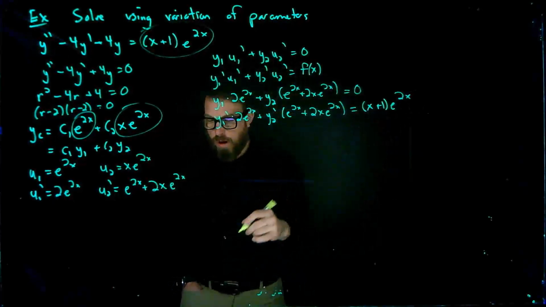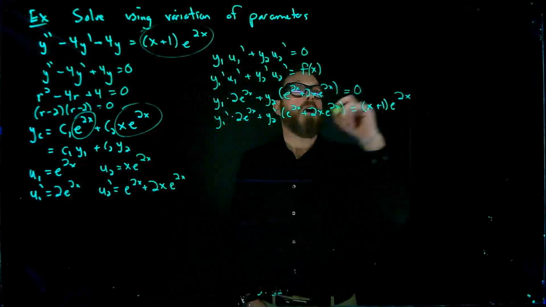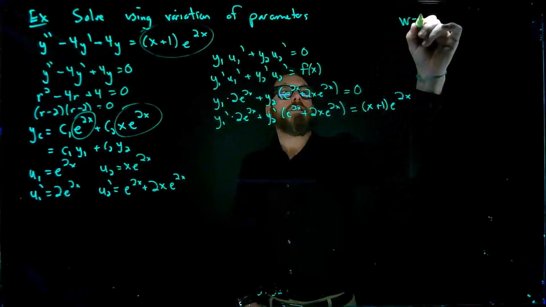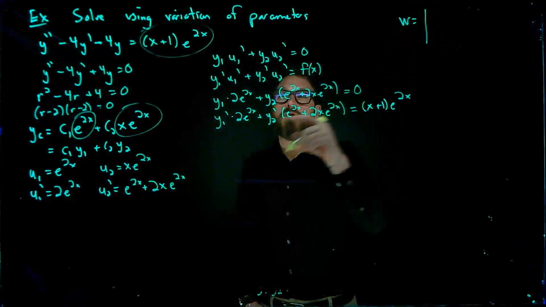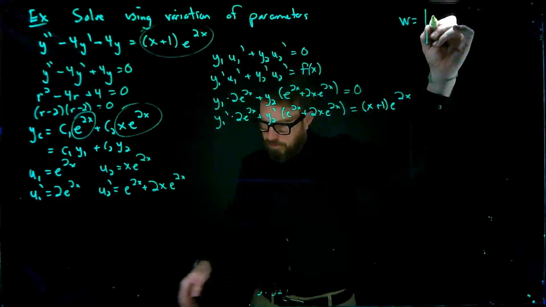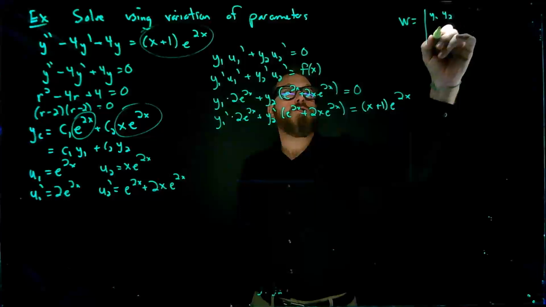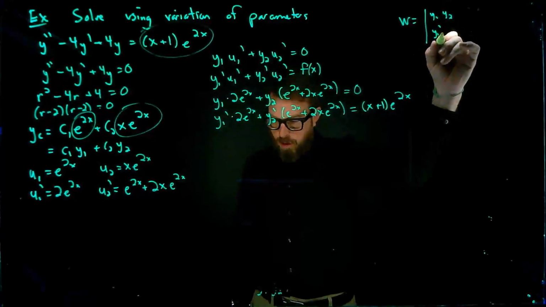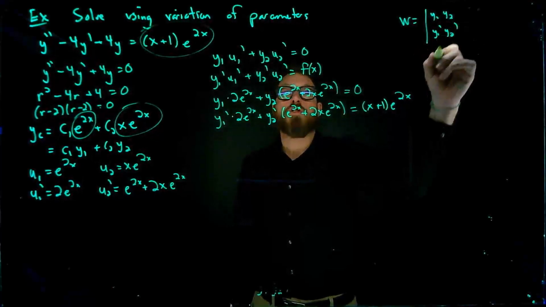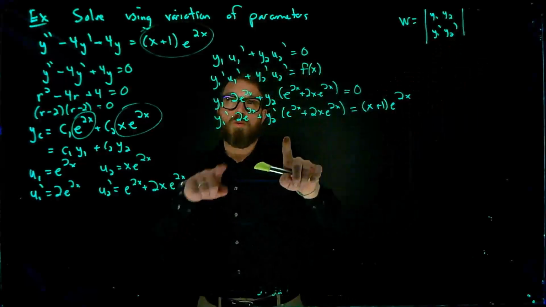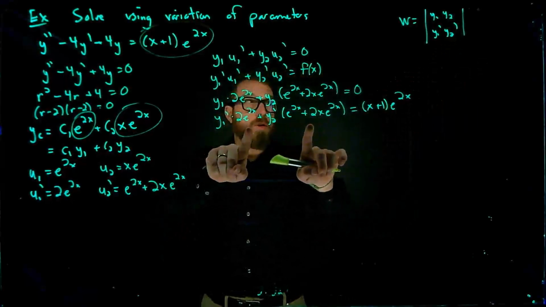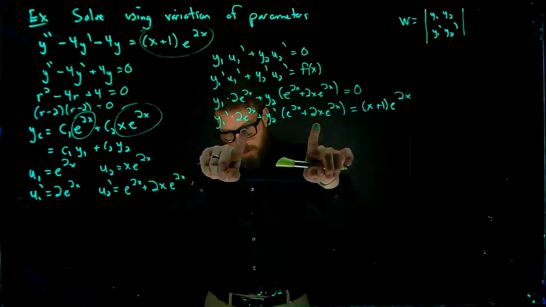All right, so that means that our w is going to be our coefficient matrix, y1, y2, y1 prime, y2 prime.